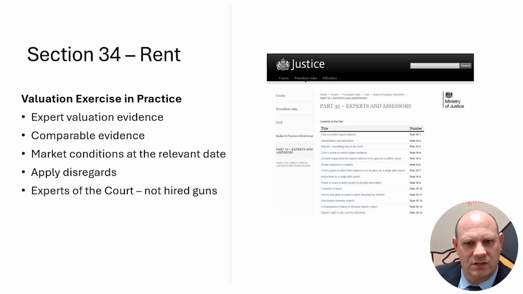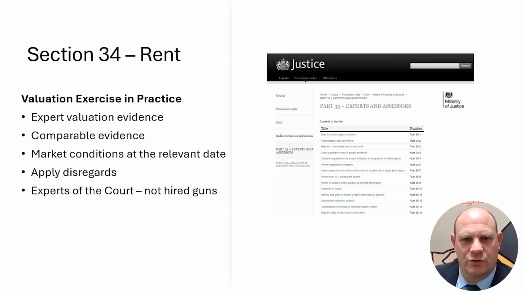Considerations of market conditions at the relevant date. Is the market buoyant or is it depressed? Is there high demand or is there oversupply? Applications of Section 34 disregards, for example, removing any elements that should be disregarded. Ultimately, it'll include a conclusion on the appropriate rent.